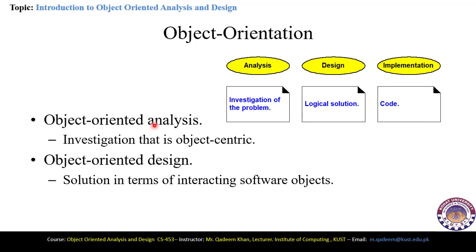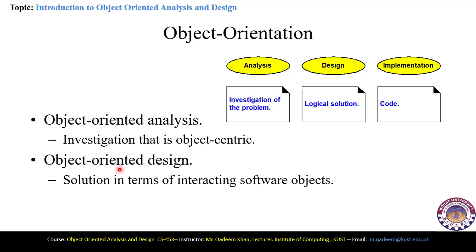After object-oriented analysis, we will perform object-oriented design. In object-oriented design, we will design the above problems using certain tools, and then the design will be represented in the form of logical solutions.